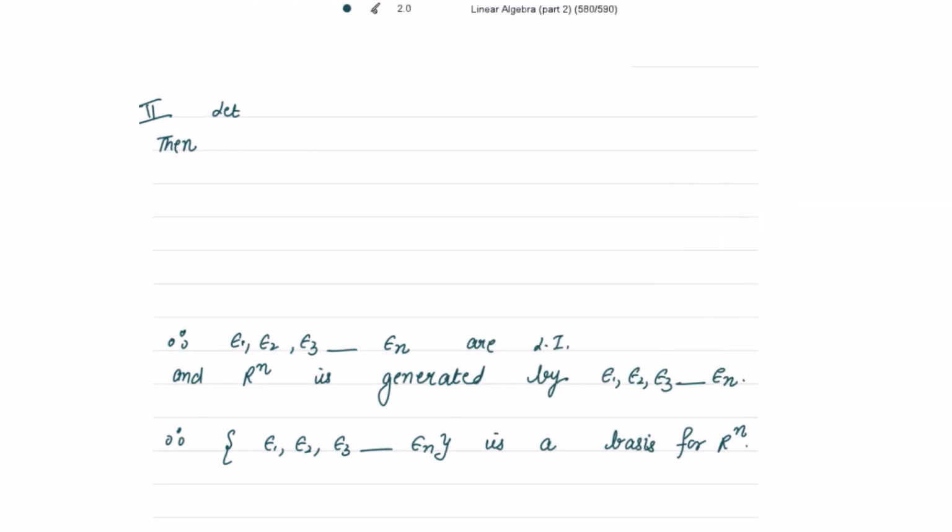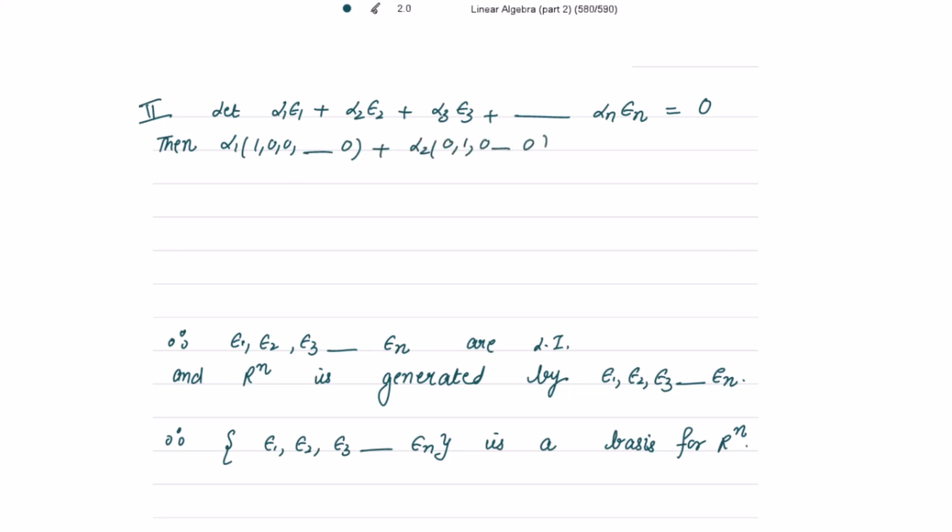So now let's take the linear combination of these. Let me take alpha 1 with epsilon 1, then alpha 2 with epsilon 2, then alpha 3 with epsilon 3, up to alpha n epsilon n. So this is equal to 0. Then put in the values: alpha 1 times (1, 0, 0, 0) plus alpha 2 times (0, 1, 0, up to 0).